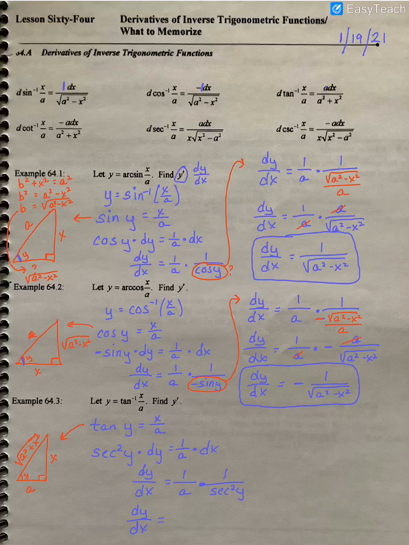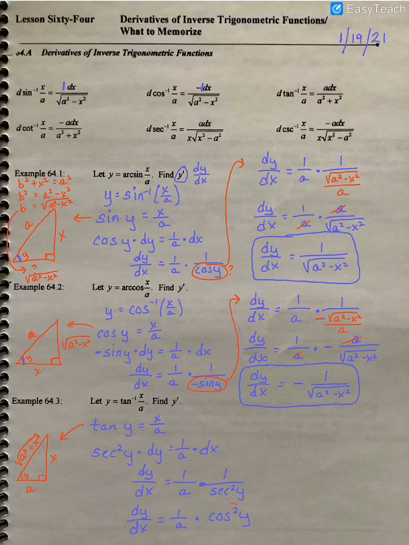And so dy dx already equals 1 over a times 1 over secant squared y, which is going to be equivalent to just cosine squared y. So I would right there go ahead and get rid of the secant because I'd do much better working with my main 3. And so it changes to cosine squared y.